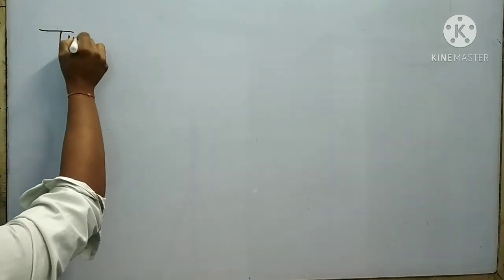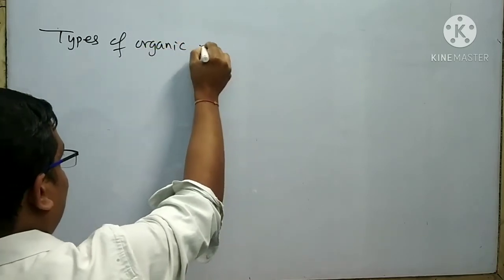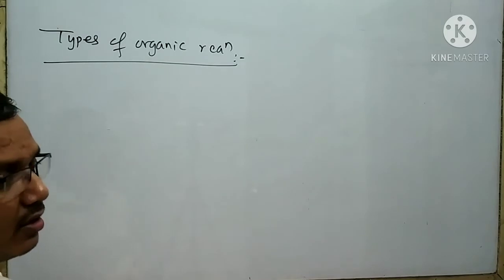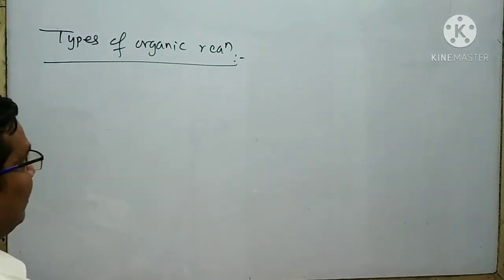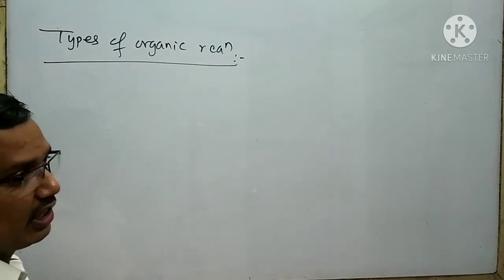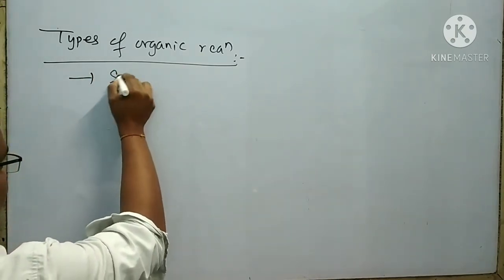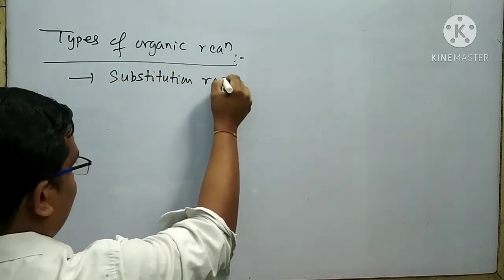Next I will explain the types of organic reaction. There are different types of organic reaction. Generally we give importance to three organic reactions. Number one is substitution reaction.